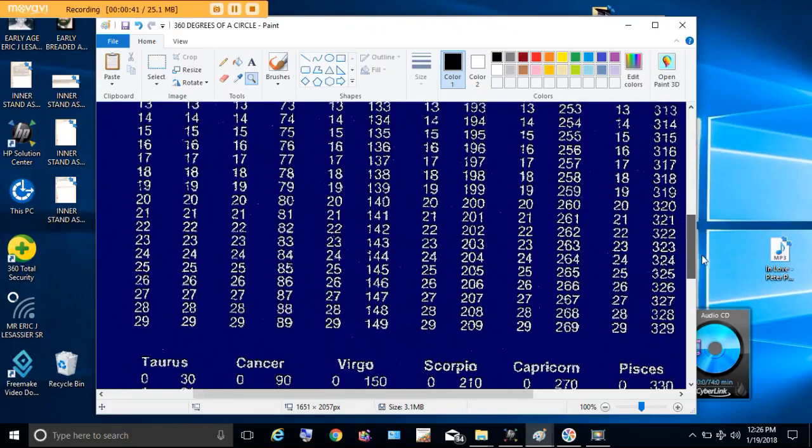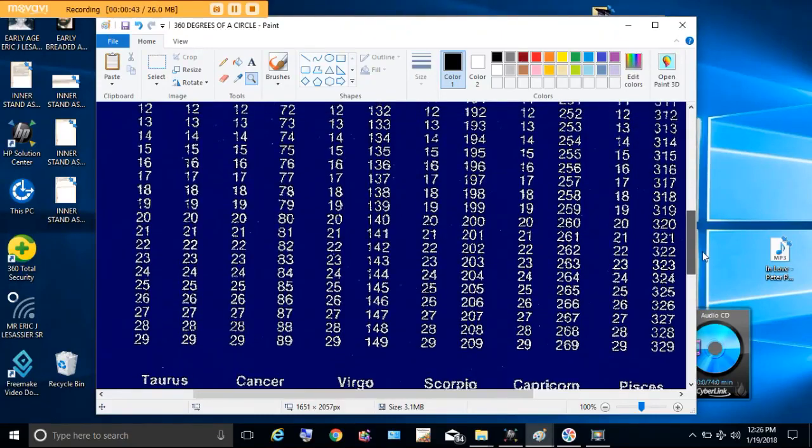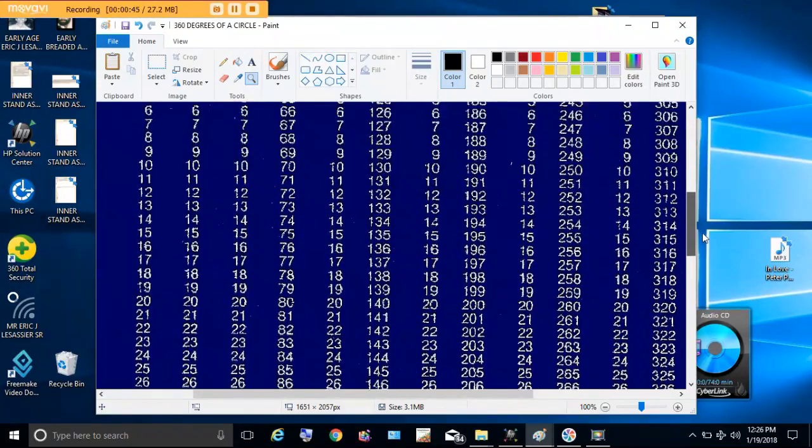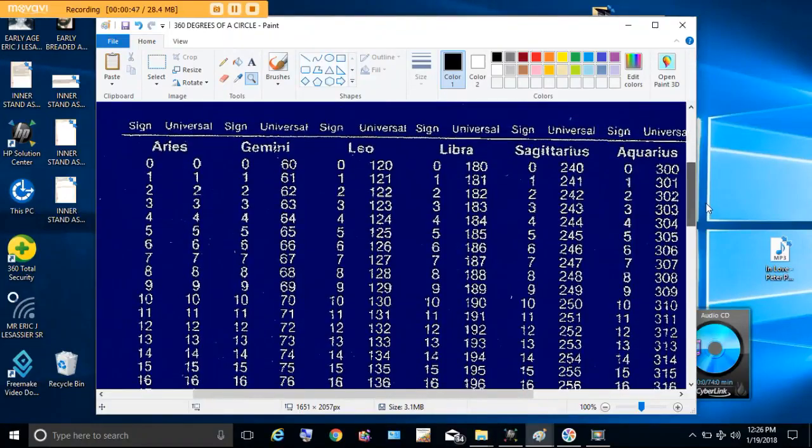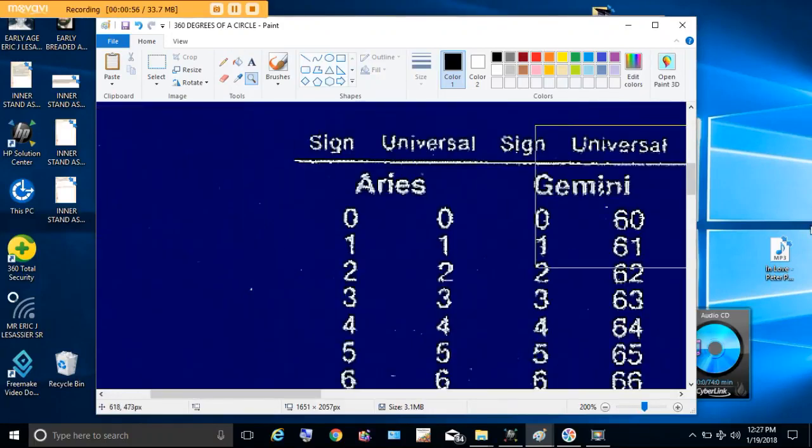Okay, now 30 degrees times 12 is 360. But within this chart, each degree is reduced within each sign. So let's zoom in on Aries, for example.